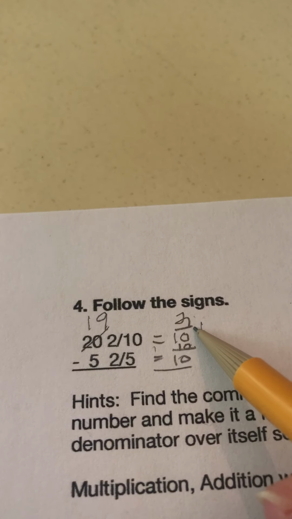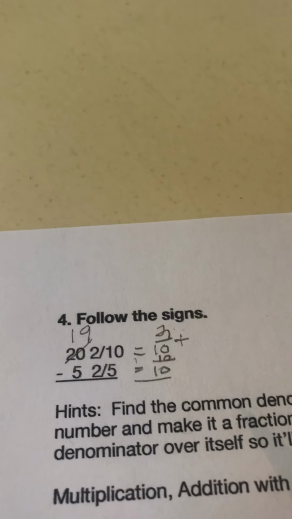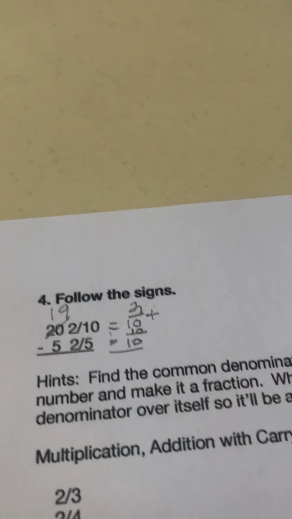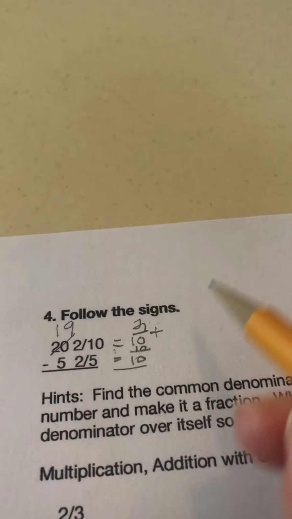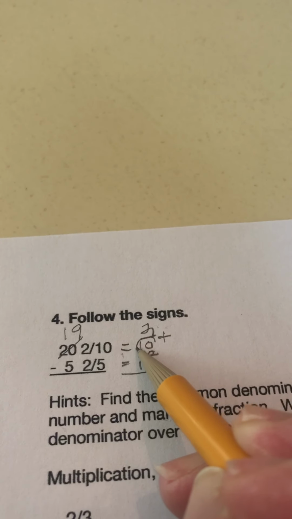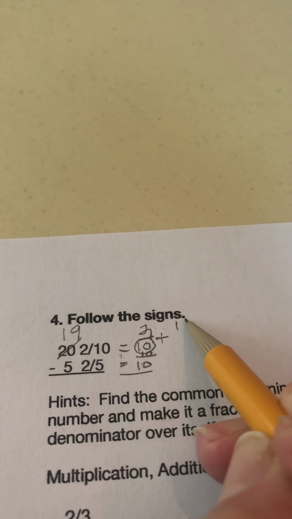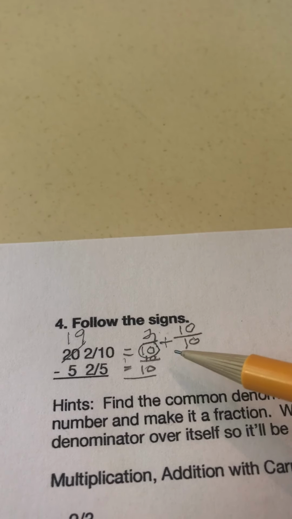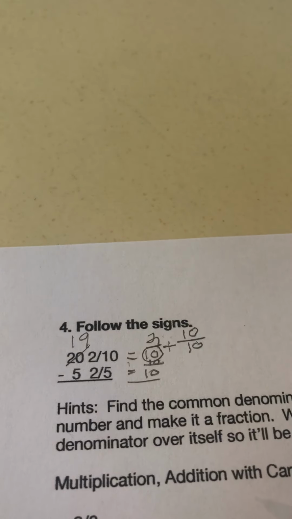Now, when you borrow 1 and you come over here, you have borrowed 1 whole pie, for example. And how do I know what I write down for that pie? It is always the denominator over itself, because that tells you how many pieces of pie you have left.